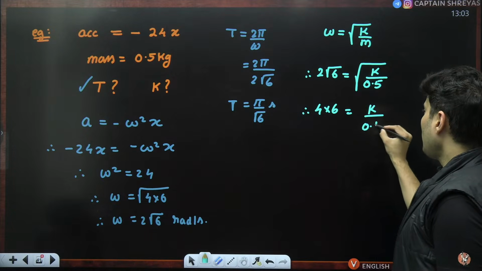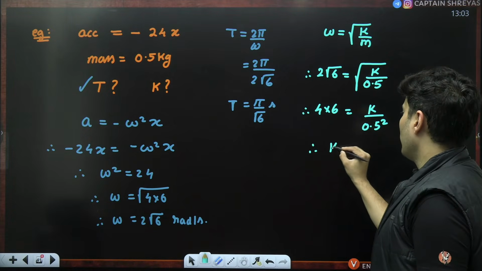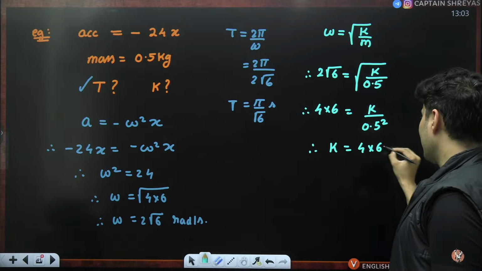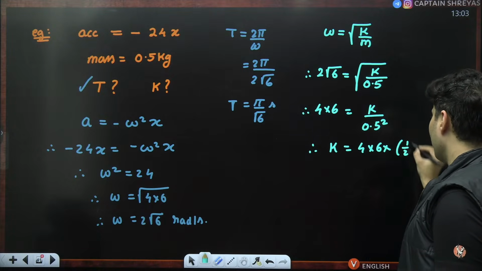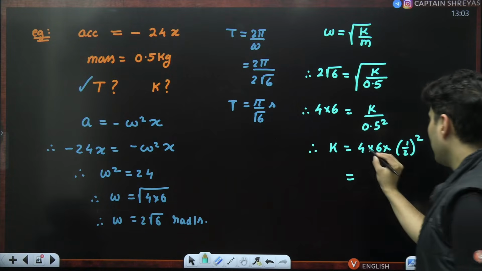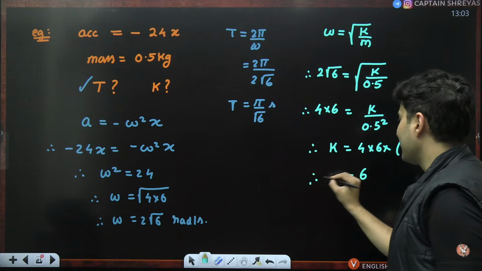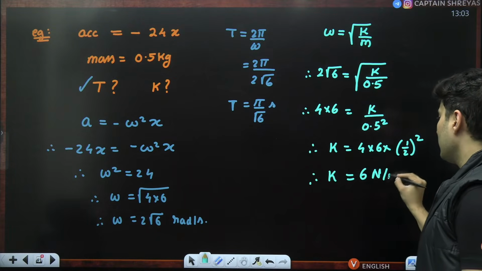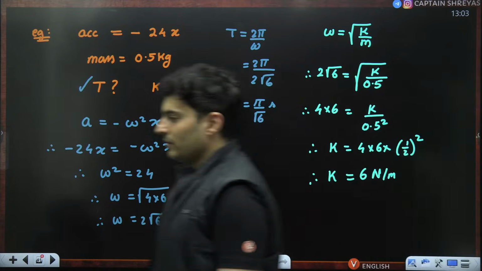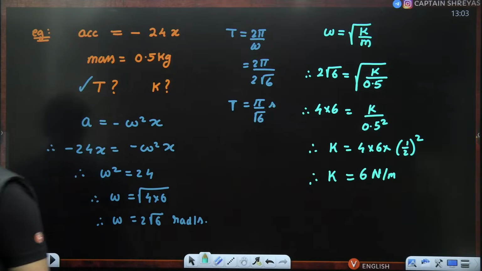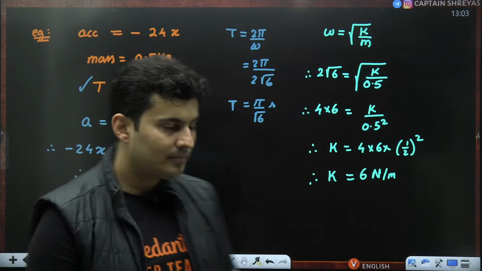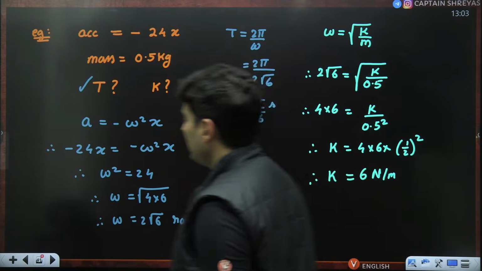Therefore, k will be 4 multiplied by 6 multiplied by 0.5, which is half square. Half square is 1 by 4. 4, 4 cancels. Answer will be 6. So k will be 6 newton per meter. Done, dusted. Very simple and easy things.